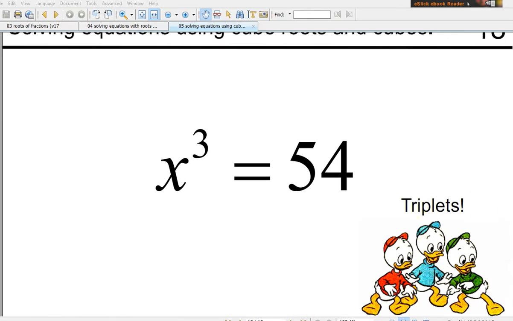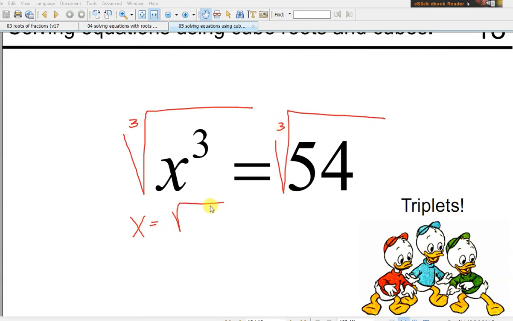Triplets. Let's do this one. So how do I fight a cube? I fight a cube with a cube root. So I have x equals the cube root of 54. But 54, I can break this thing down.